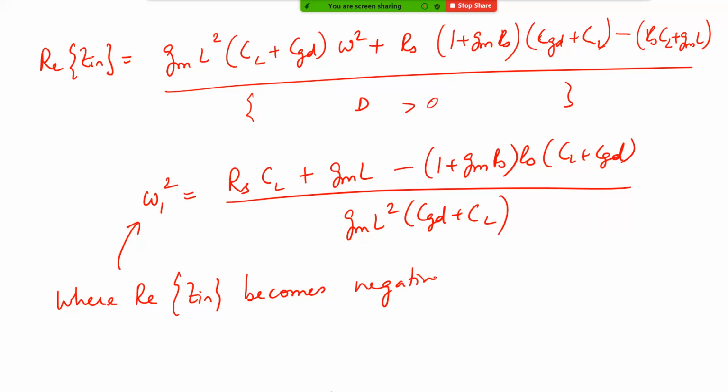Now, what will happen if your input impedance becomes negative? Can you answer? What can possibly happen? You have some circuit, the input impedance becomes negative.